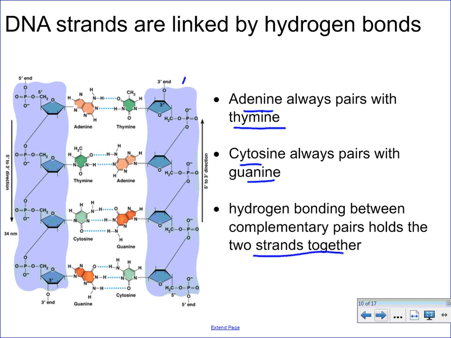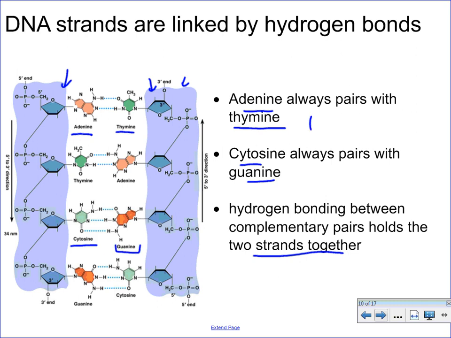And if you have a look at the diagram, what this means when thymine always pairs with adenine, for example, is that if on one strand, at one location, you have adenine, on the opposing strand in a similar location, you will always have thymine. And where cytosine is located on one strand, on the other strand in that same location, you will have a guanine.